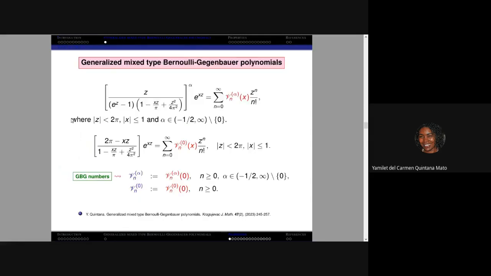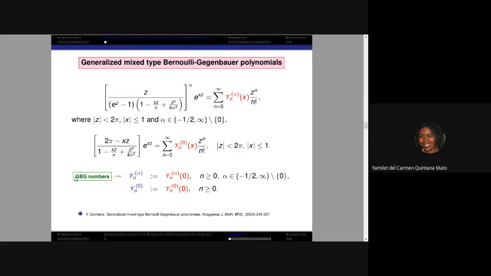Now, with this information in mind, we can define the generalized mixed-type Bernoulli-Gegenbauer polynomial, in short, GBG polynomial, by multiplying the corresponding generating functions and considering the power series associated with the new generating function.